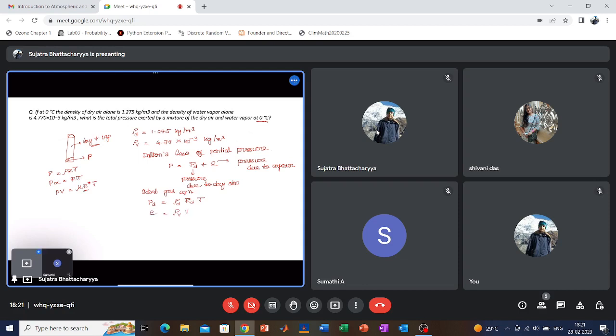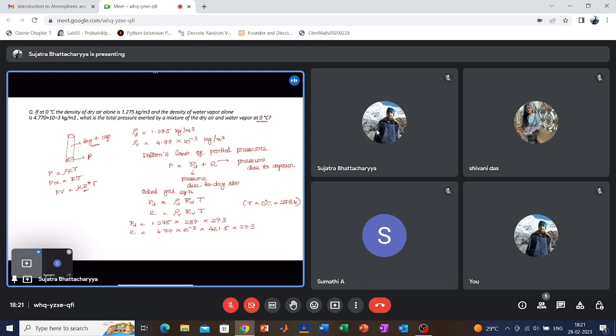And E will be rho V RV into T. T is given to be 0 degrees Celsius, which can be converted to Kelvin. So just calculate it. PD will be 1.275 into 287 into 273, and E will be 4.77 into 10 to the power minus 3 into 461.5, because RV is that, into 273.